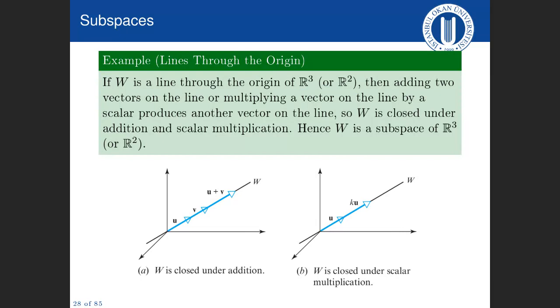Let me say again, look at the left picture. If U and V are 2 vectors on the same line, add them together, we're still on the same line. Or if we take a vector U on this line and we multiply it by a number, then we're still on this line. So W is closed under addition and scalar multiplication, so W is a subspace of R3, or R2 if you wish.